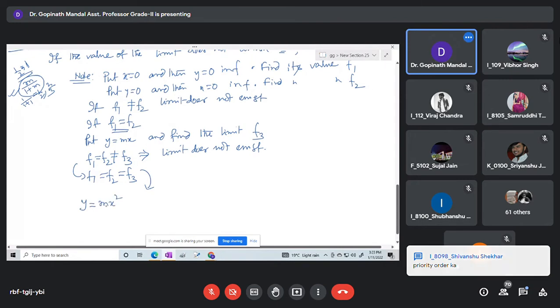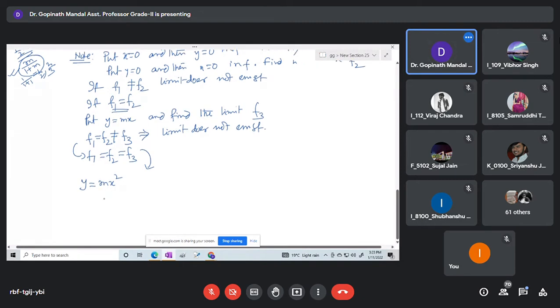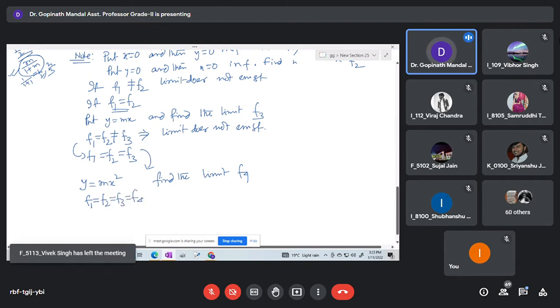In the other case, if f1 equal to f2 equal to f3, then put y equal to mx square or mx cube, like that, and find the limit f4. If f1 equal to f2 equal to f3 but not equal to f4, then the limit does not exist.